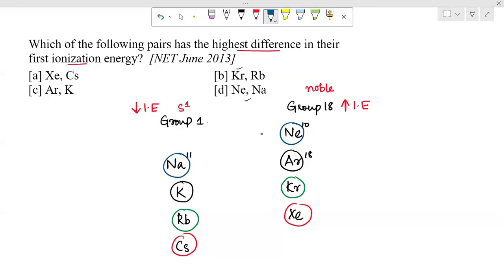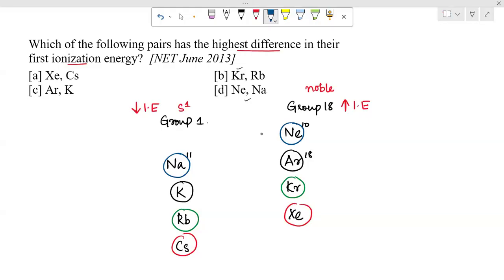That means as we move down, the differences become less and less significant. Always, the differences will be highest at the top of the periodic table. I repeat, the differences in whatever property, let it be ionization energy, electronegativity, second ionization energy, third ionization energy, electron gain enthalpy, whatever it is, if it follows a trend, that differences will be the highest at the top.